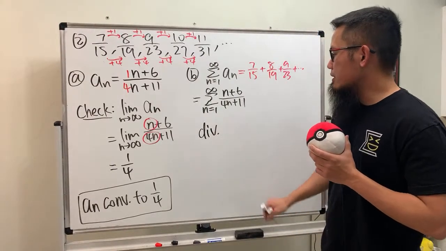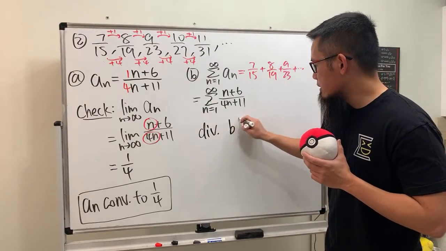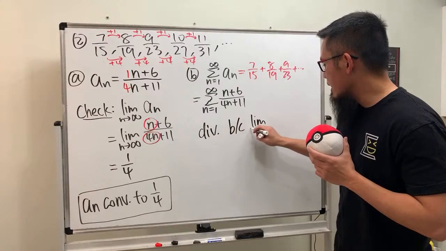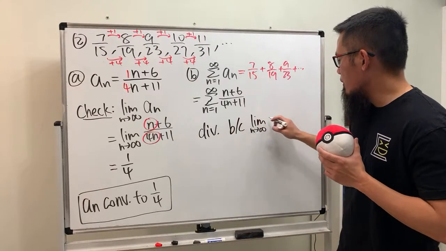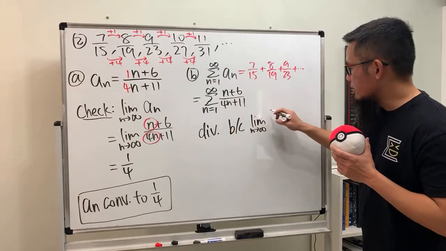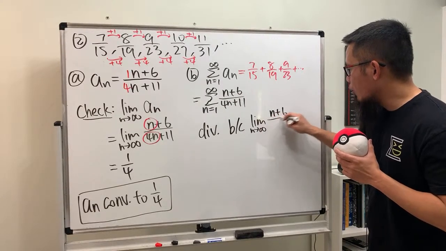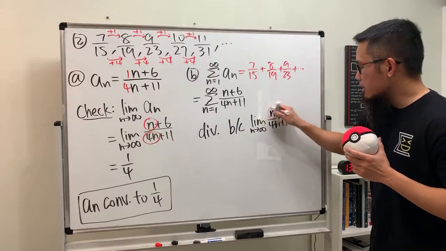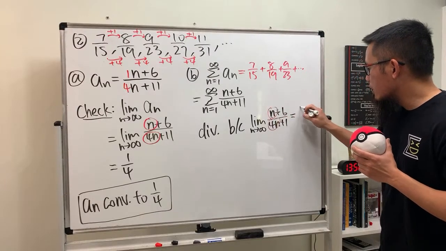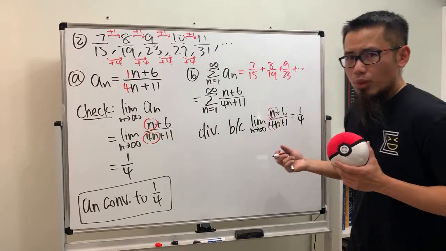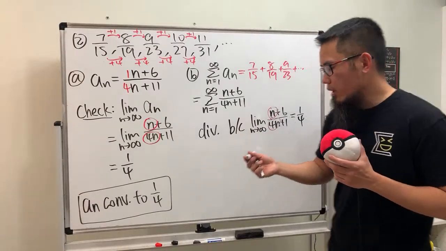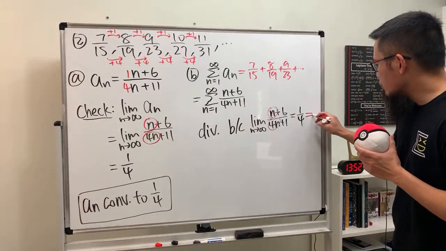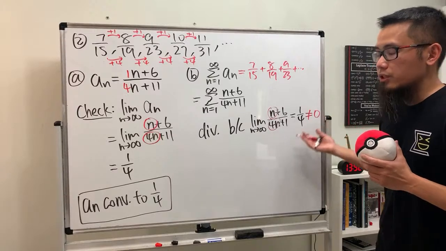This right here diverges because if you take the limit as n goes to infinity of this part, which is the a_n portion, n plus 6 over 4n plus 11, again, as I told you, this is 1 over 4. But don't just write down 1 over 4. The most important thing is that you write down this is not equal to 0.